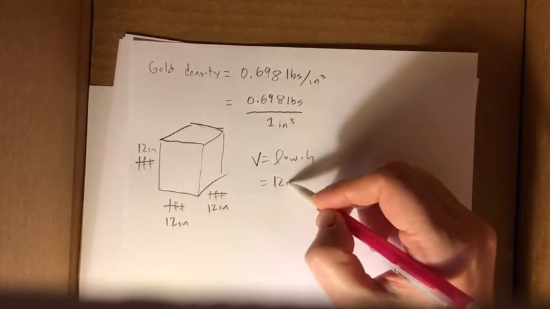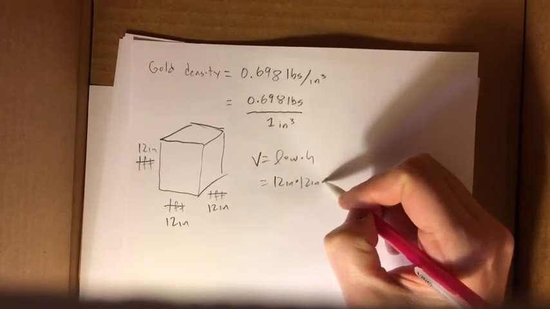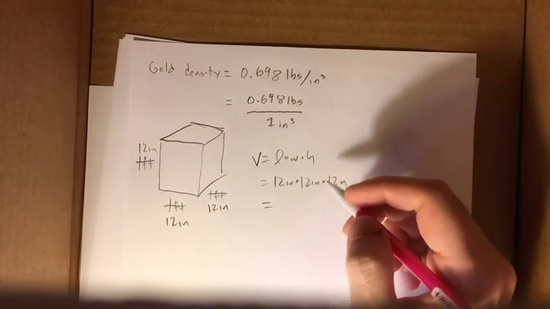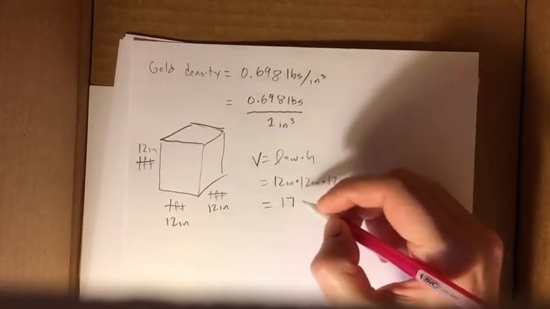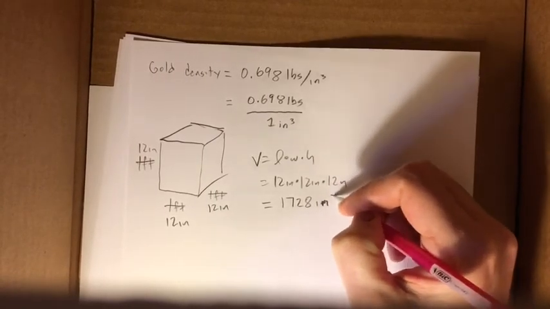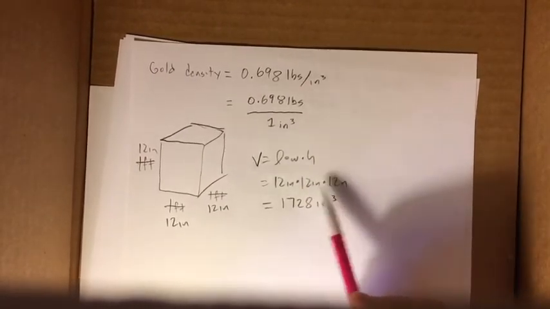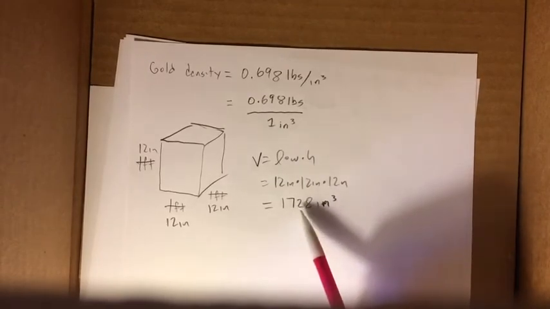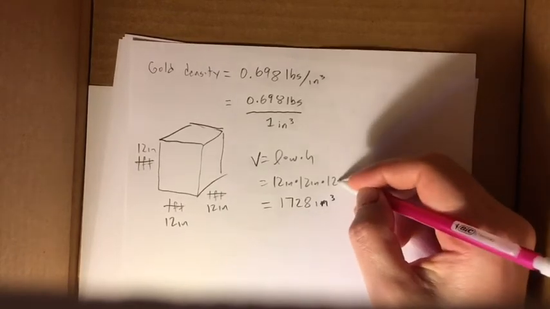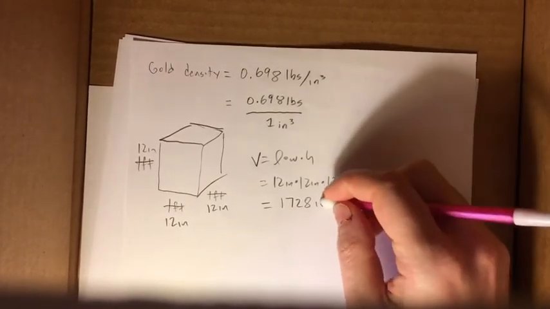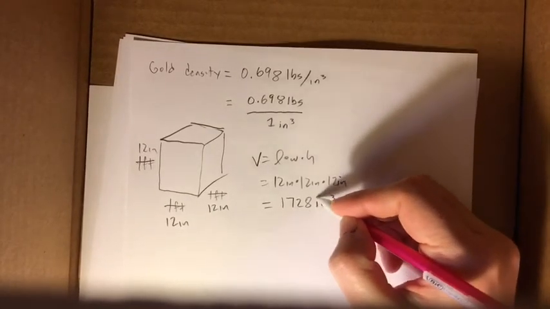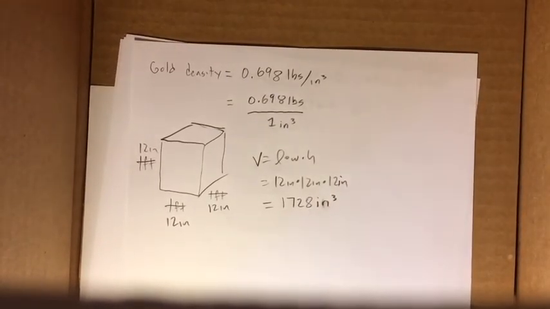This ends up being 12 inches times 12 inches times 12 inches, which is, believe it or not, 1728 cubic inches. Okay, and notice 12 times 12 times 12 is 1,728, and inches times inches times inches is inches cubed. So the units actually multiply exactly the way we expect them to.